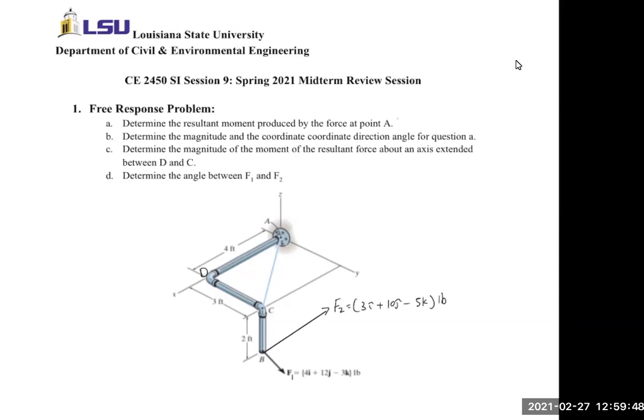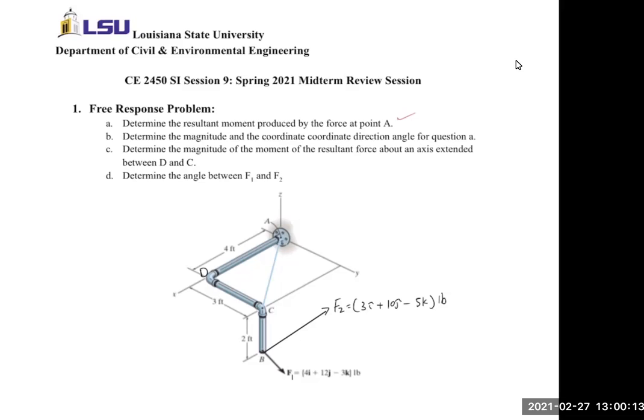Determine the resultant moment produced by the force at point A. What's this? Moment about a point, right? Determine the magnitude and the coordinate direction angle for the previous question. What are you going to do? We know that a moment at a point is going to give us a Cartesian vector form, so I hat, j hat, and k hat.